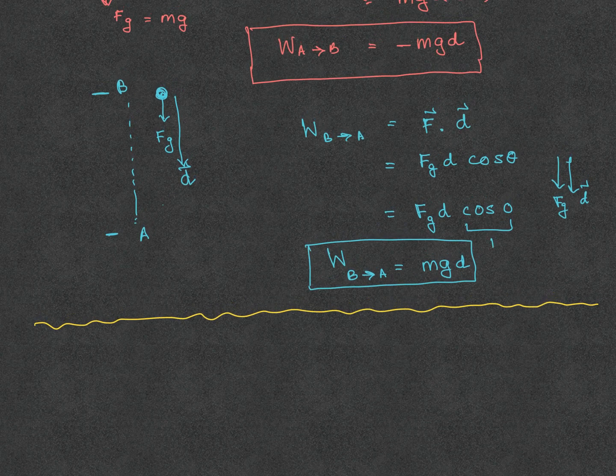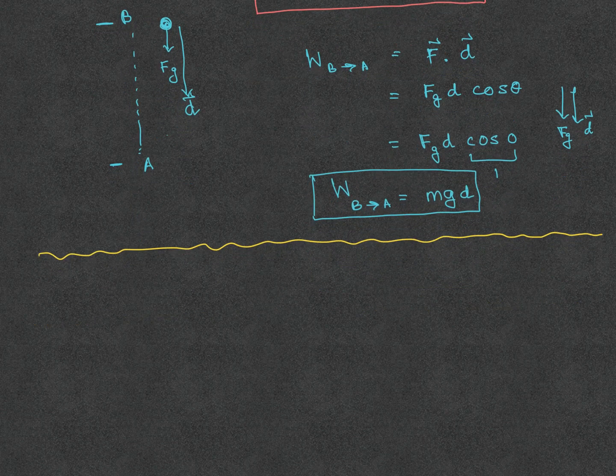Now first we can look at the general equation, where you have the work done by a constant force, and the work can be written as F dotted with d.